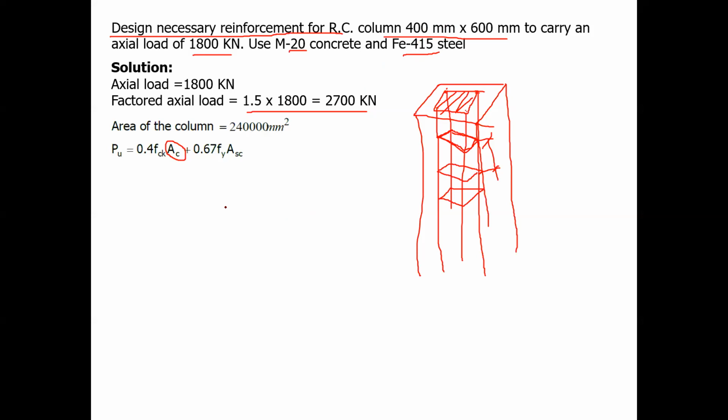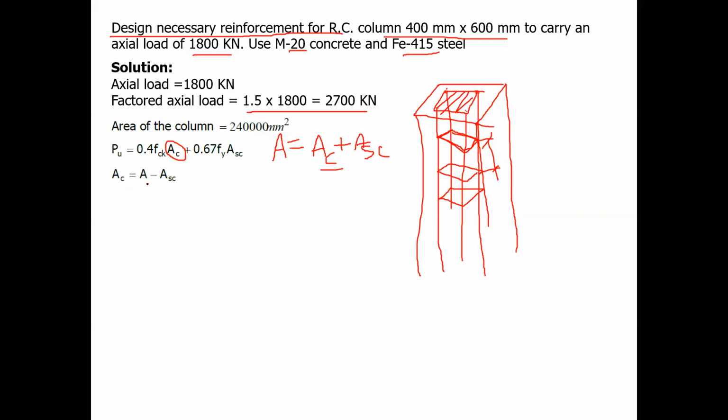Okay, take down. The total area A is equal to area of concrete plus area of steel, right? Now, if you want area of concrete, what you have to do? Area of concrete is equal to A minus Asc. Take down.